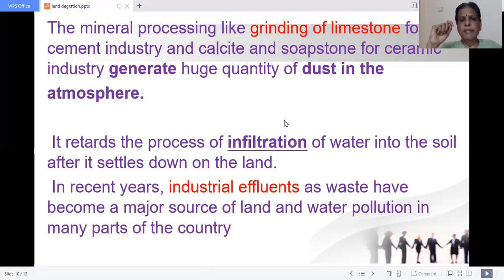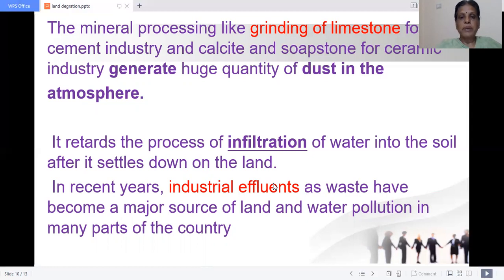That is why you could see the cement factories and all in the remote area where no people are available, no land is cultivated. And the fifth reason, a recent problem, is industrial effluents as waste. They have to purify the effluents, they have to treat the industrial waste, and only then can they allow it to drain into the rivers and ponds.